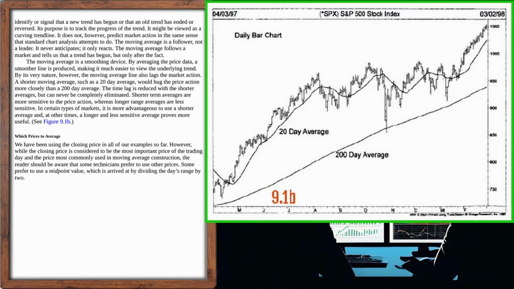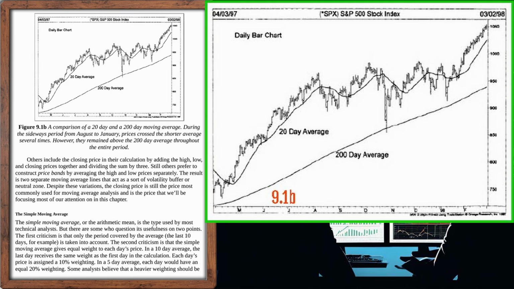Which prices to average? We have been using the closing price in all of our examples so far. However, while the closing price is considered to be the most important price of the trading day and the price most commonly used in moving average construction, the reader should be aware that some technicians prefer to use other prices. Some prefer to use a midpoint value, which is arrived at by dividing the day's range by 2.